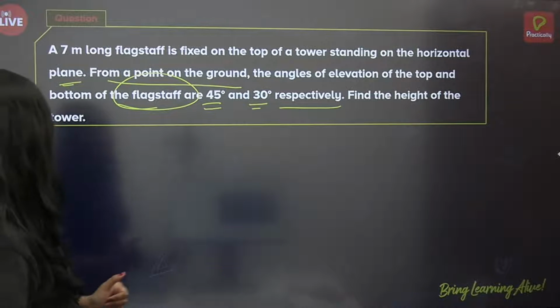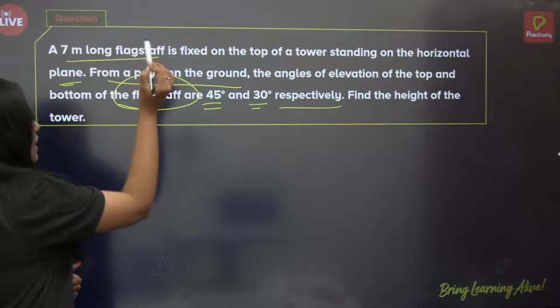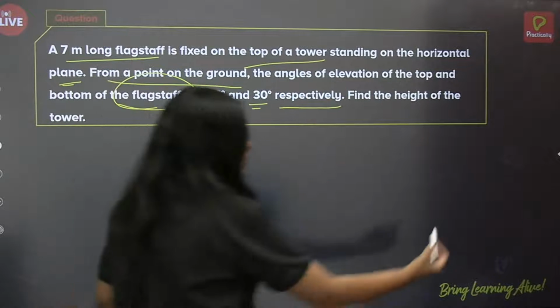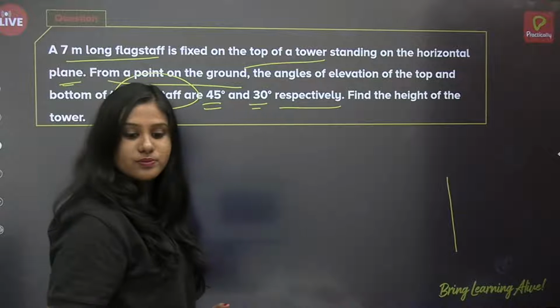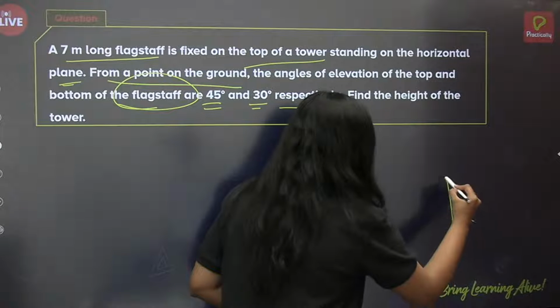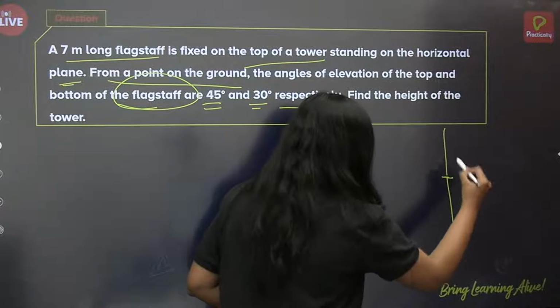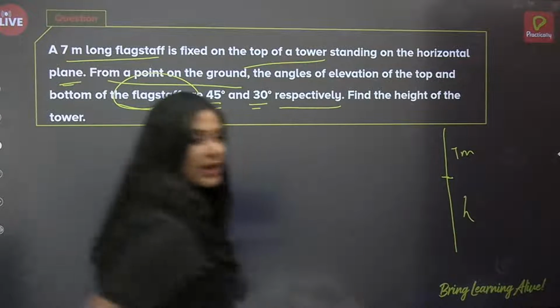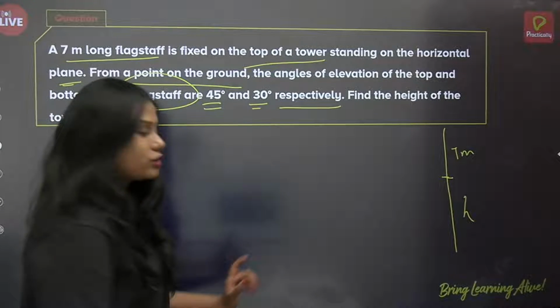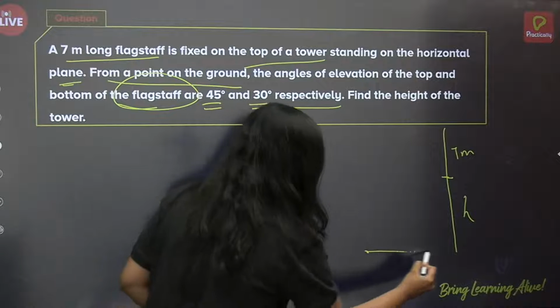Okay, now let us draw the diagram. The 7-meter flagstaff is fixed on the top of the tower. So let us take the tower to be H. Then on this a flagstaff is fixed, that is, this is 7 meters. Now from a point on the ground, let us take this point.